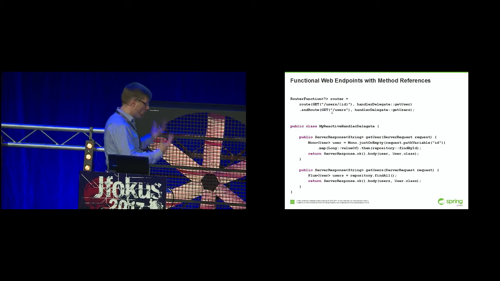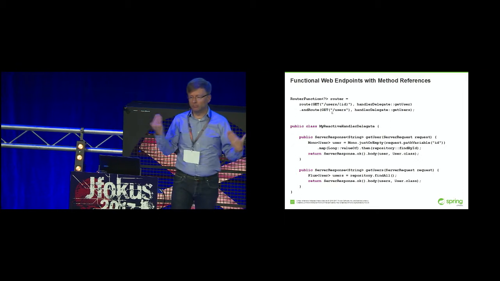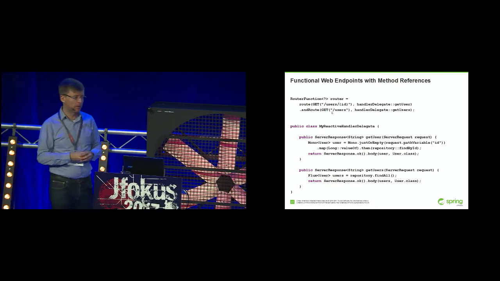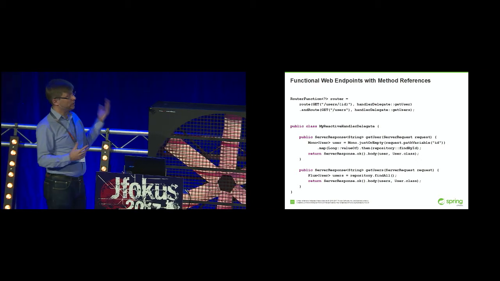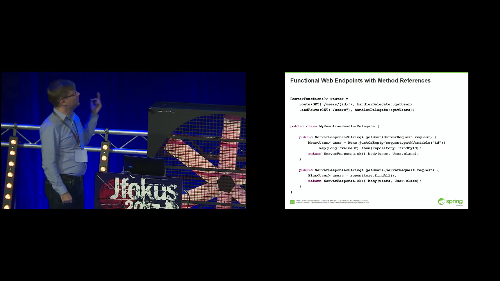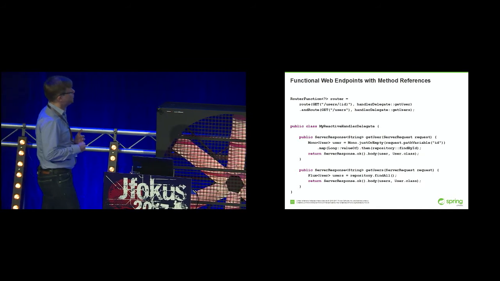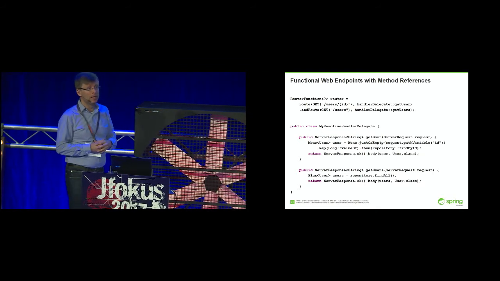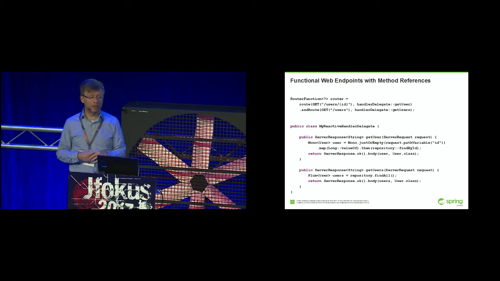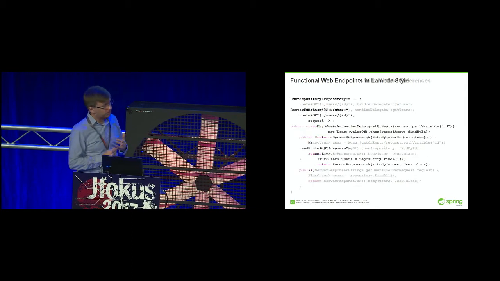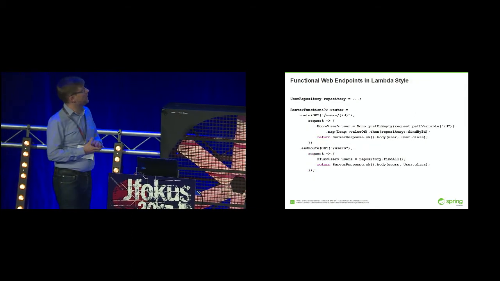This is a programmatic way of expressing request mapping predicates to particular delegate methods. There are no annotations involved in this style. There is no reflection involved. This is using Java 8 Lambda expressions, Java 8 method references, programmatic callbacks. We are not actually reflectively dispatching anywhere. Now, a variant of the same example with Lambda expressions.